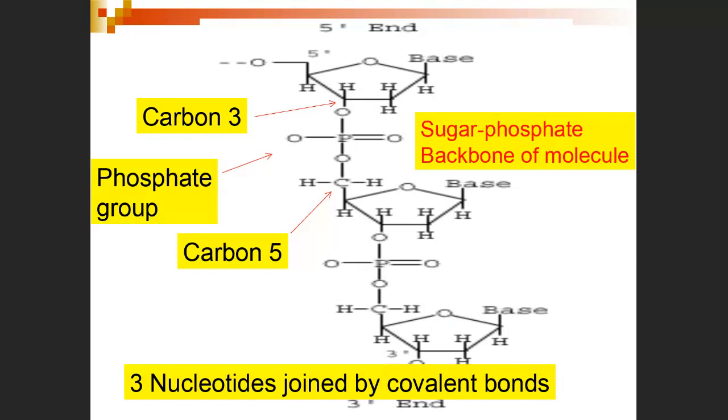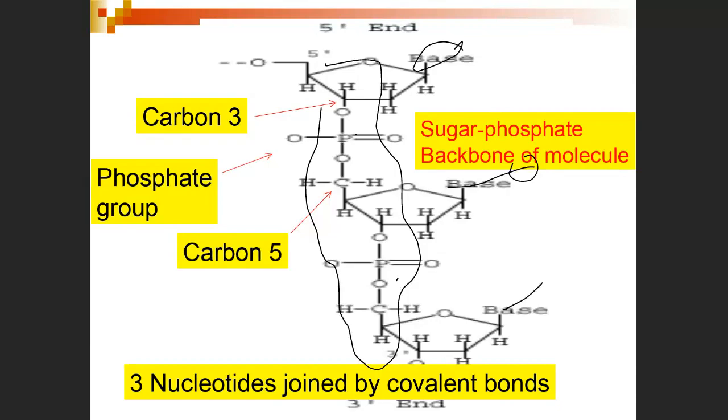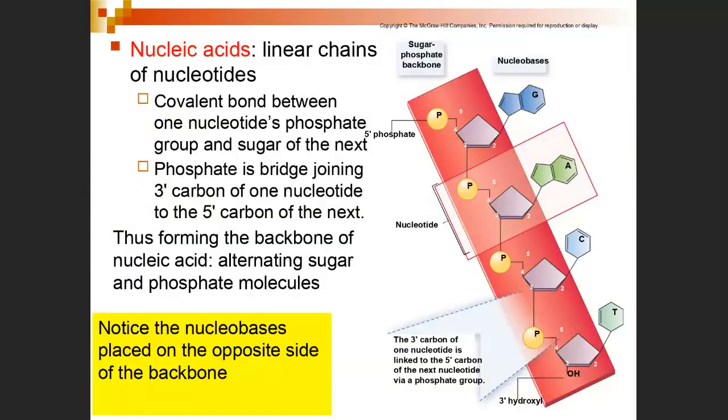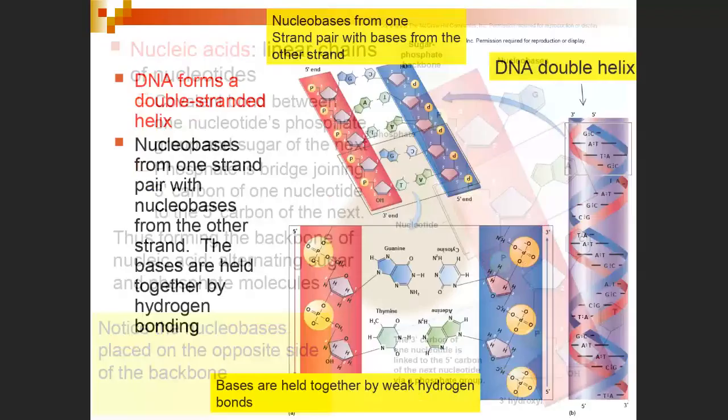The molecule has this backbone which holds the sugar and the phosphates, and then the base is to one side, which is the place from which the 2 helices in DNA come together. But all these will be part of another chapter, so don't worry too much about it.